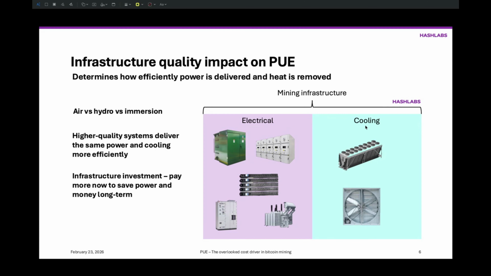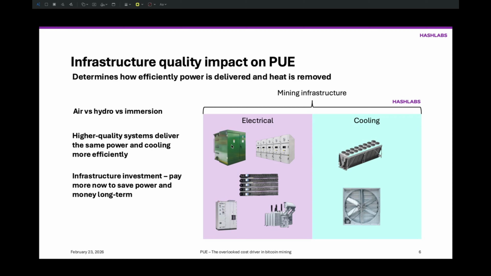You have two types of infrastructure in mining. You have electrical infrastructure and cooling infrastructure. When it comes to electrical, transformers, switchgear, etc., they all have losses when power goes through them. The question is just how big the power losses are. There are differences between different electrical infrastructure.